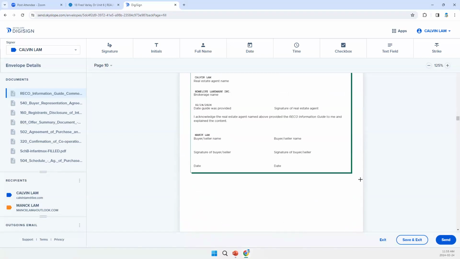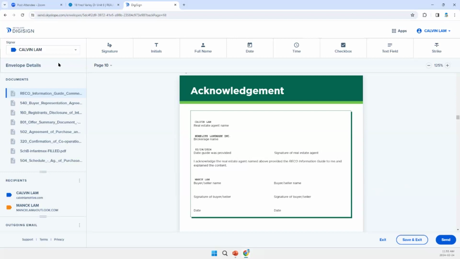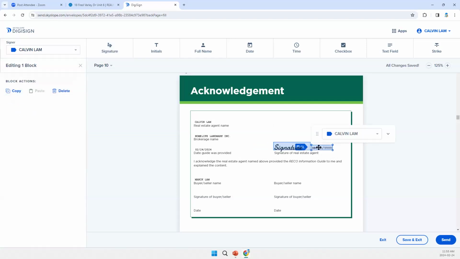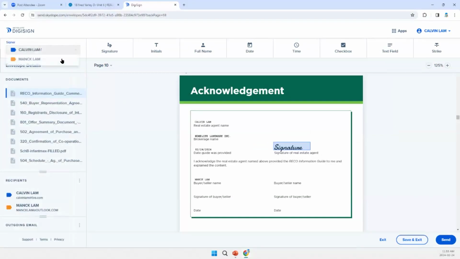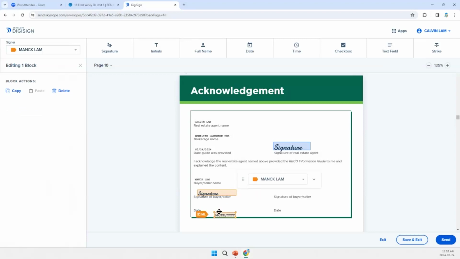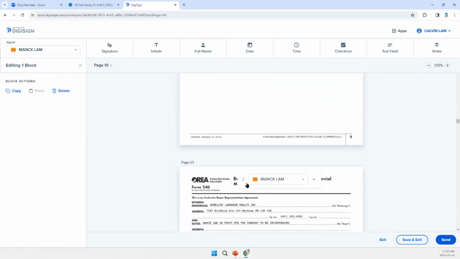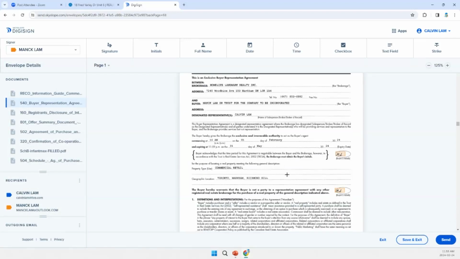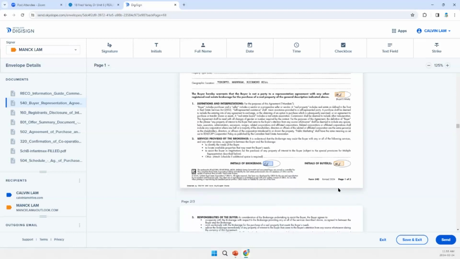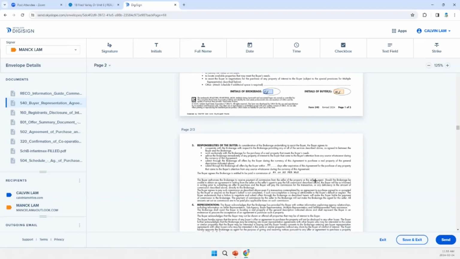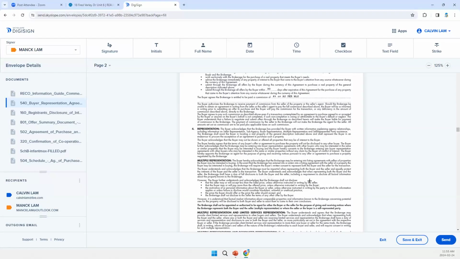So this one here, we're gonna have what signature for real estate agent, right? So this one, you don't need it. Then we have signature for the buyer. That's it. Okay, this is good. This time they put it in, right? Remember last time it's gone. This is good.